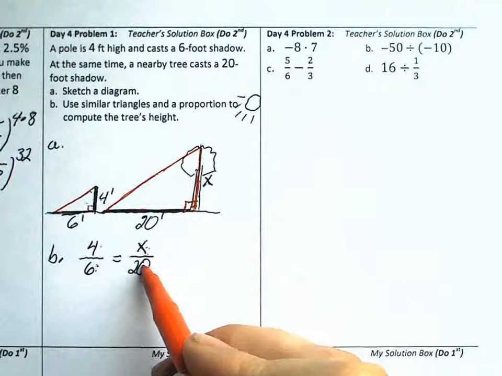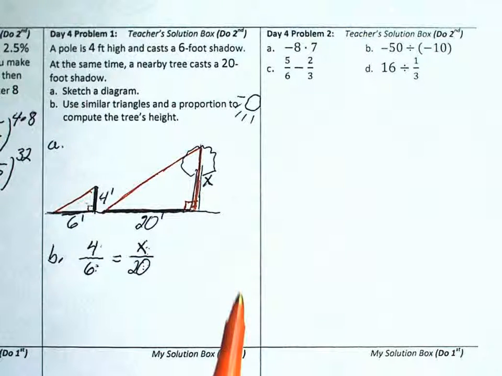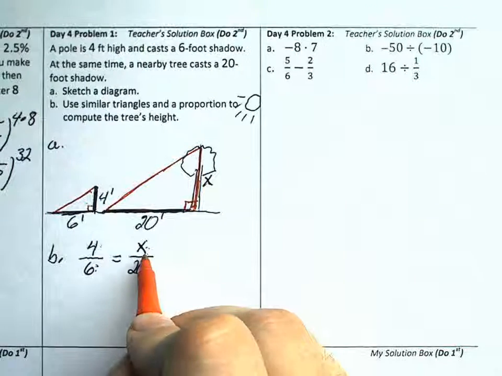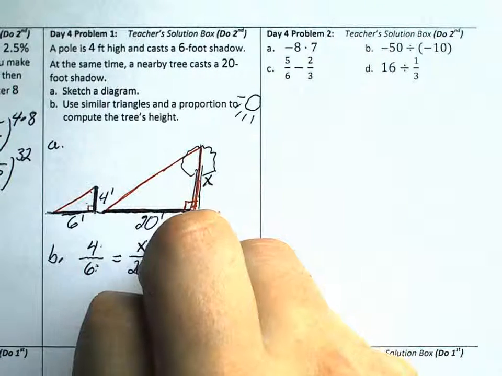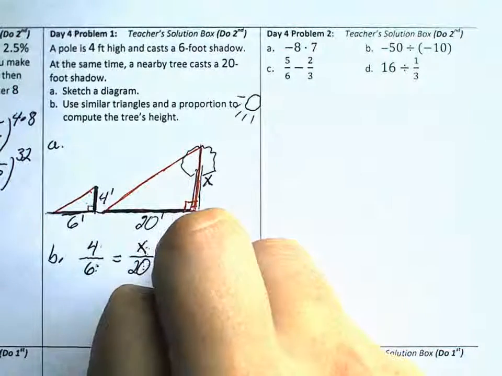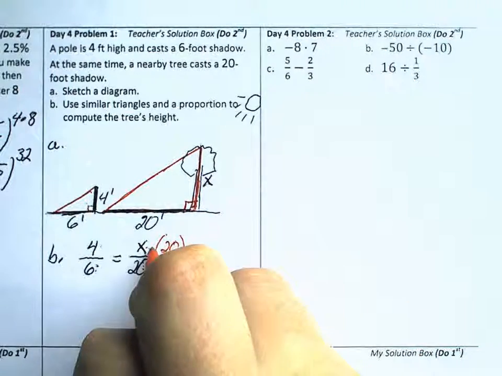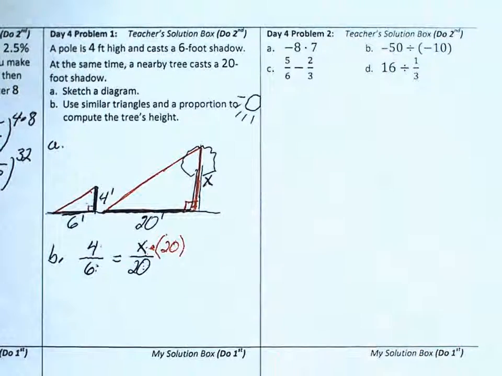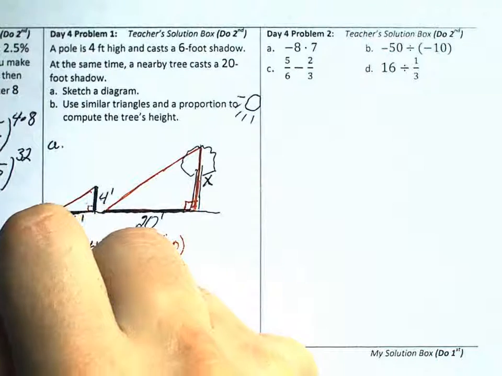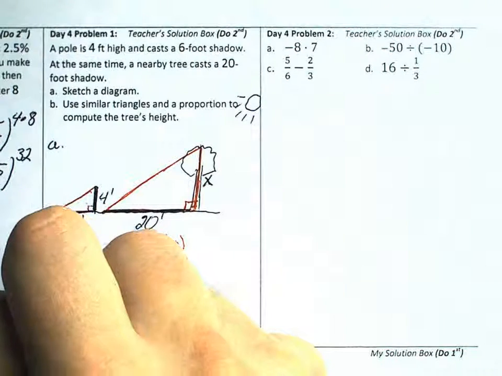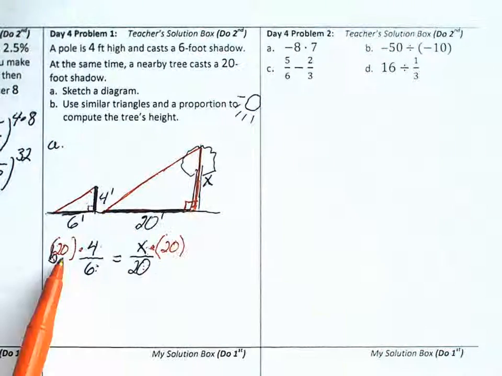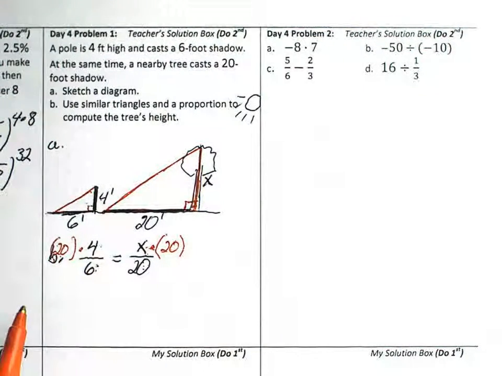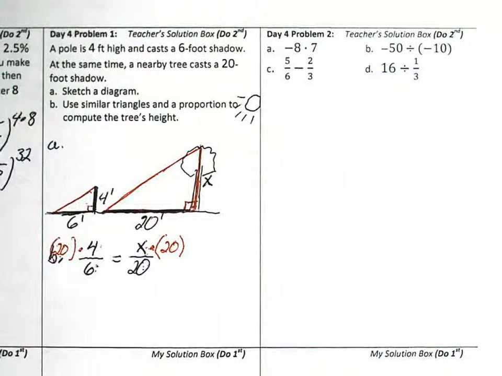I'm going to remove the divide 20 by doing the opposite math. The opposite of division by 20 is to multiply by 20. So on the right side of the equation, times by 20, and to maintain balance, on the left side of the equation, times by 20. I'm multiplying by the same number on both sides of the equation.